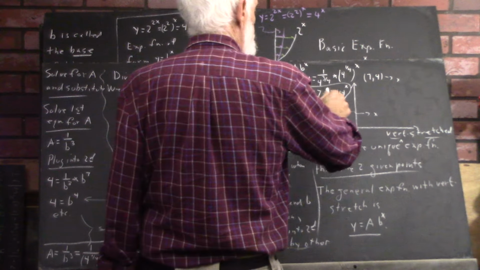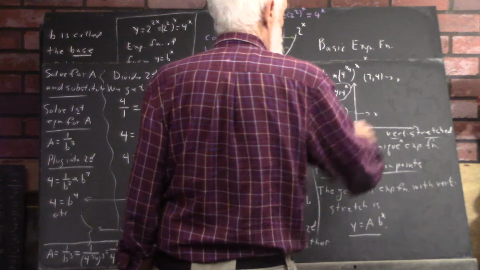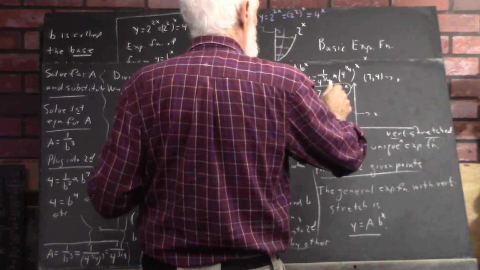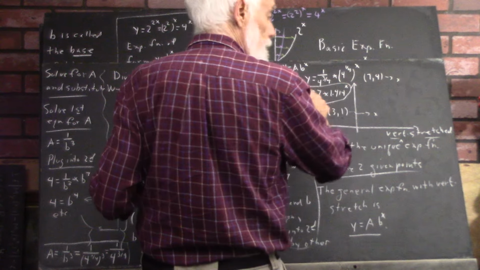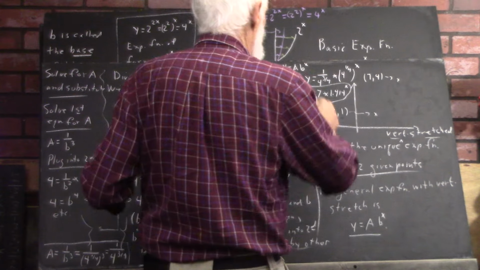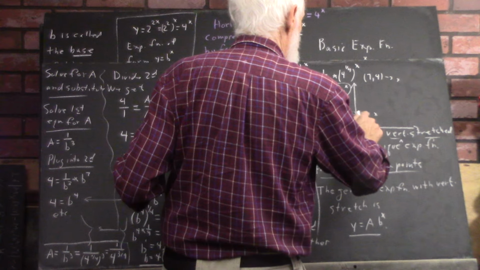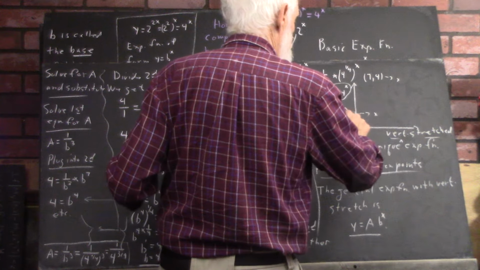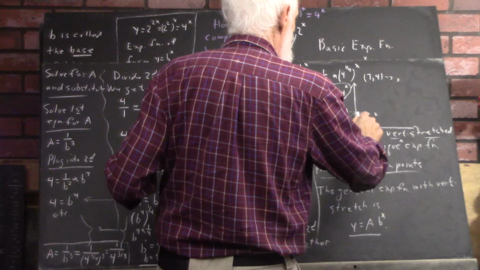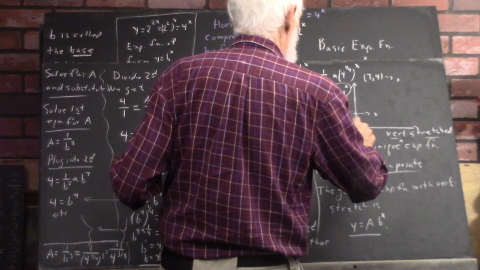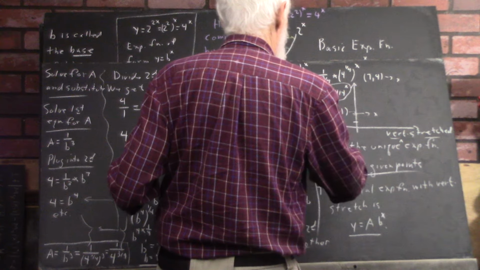What does the graph of this thing look like? Well, it's an exponential function that goes through these points. We can get a third point. If x equals 0, 1.414 to the x is 1, and we just get 0.37. So if this is 1 here, which it is because this is the point 0, 1, 0.37 is a little more than a third of that. So I'm going to say 0.37 is about here.